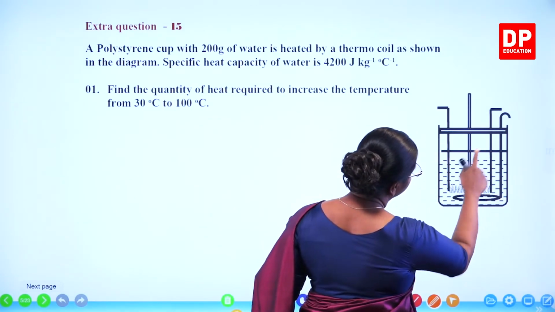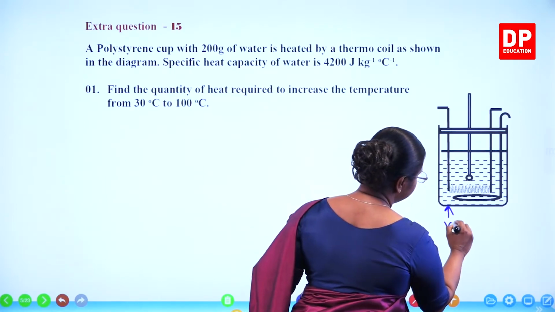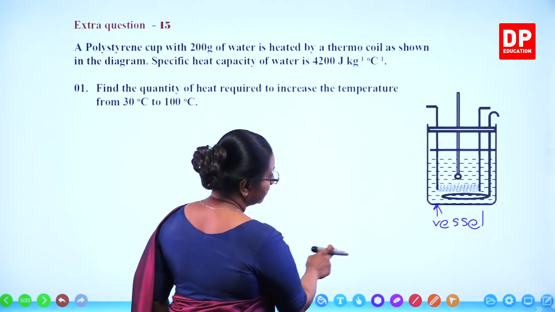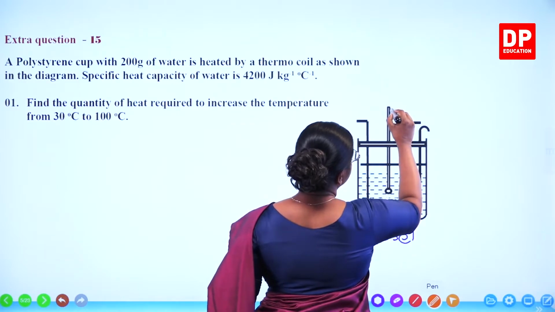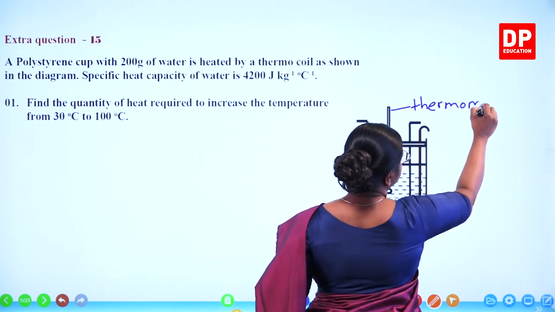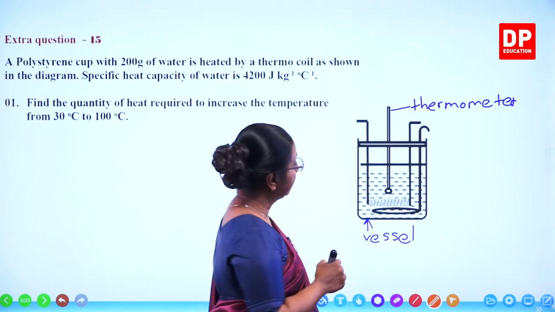Can you all identify all the components there? So you can see this is the vessel. Then you can see this is the thermometer, to read the temperature.